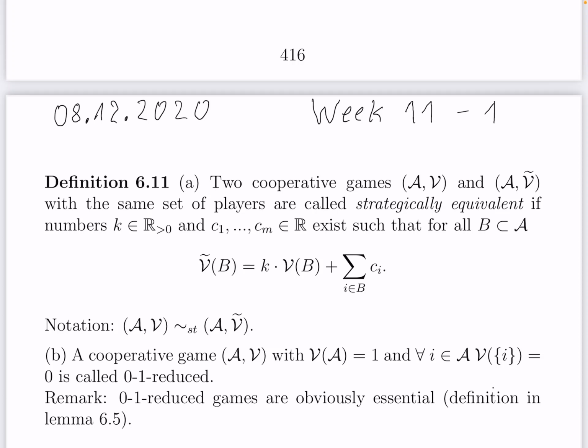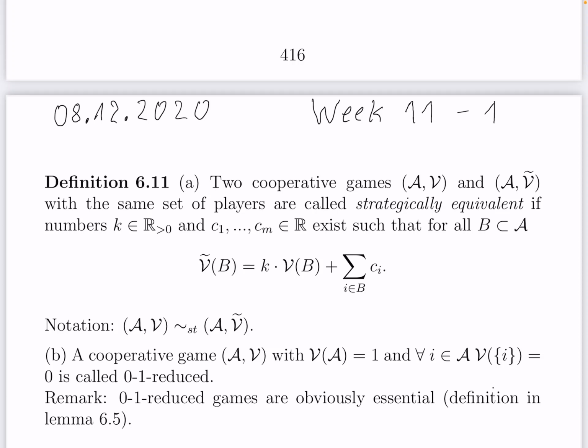For any coalition B, Ṽ(B) is equal to k times V(B) plus the sum of the constants ci for i in this coalition B. So this is a precise equality which relates the two coalition valuations. If we know the constants k and c1 to cm, we can recover Ṽ from V and vice versa. If the two coalition valuations are related in this way, then we call the games strategically equivalent and we notate it here with a tilde st.